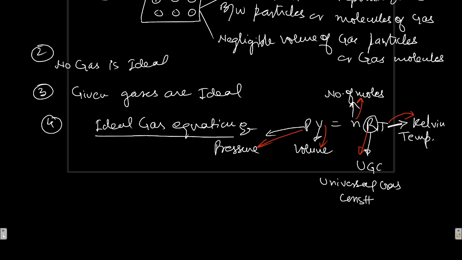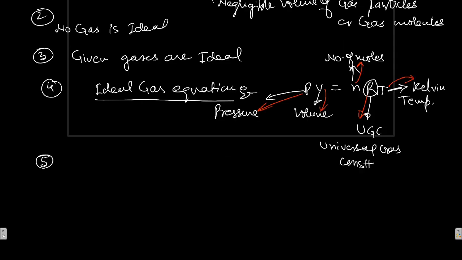Now friends, we have to take the temperature only in Kelvin, and Kelvin temperature is equal to degree Celsius temperature plus 273. Dear friends, because you are 11th class students, this is simply the introduction of the subject.